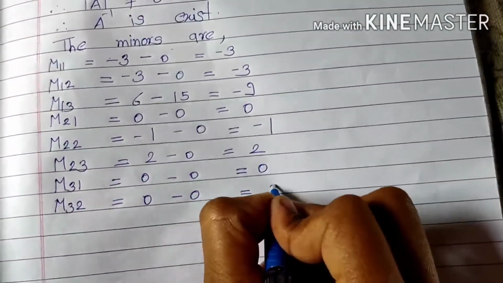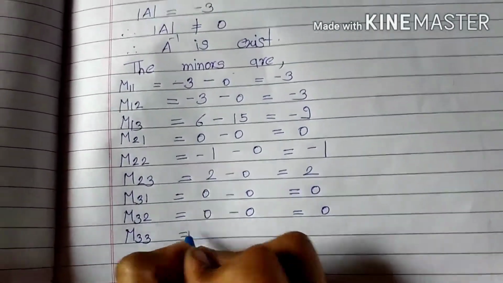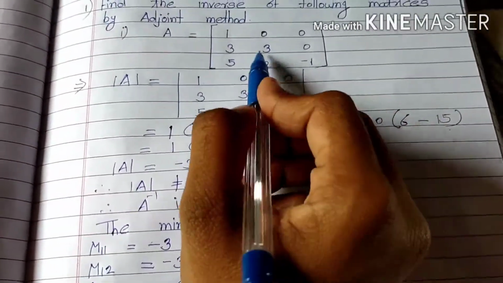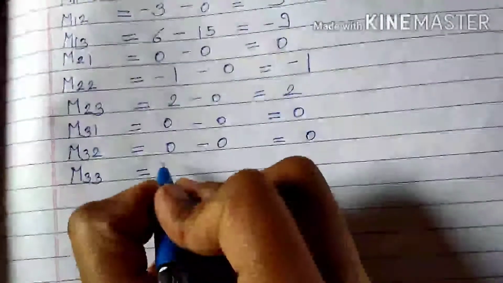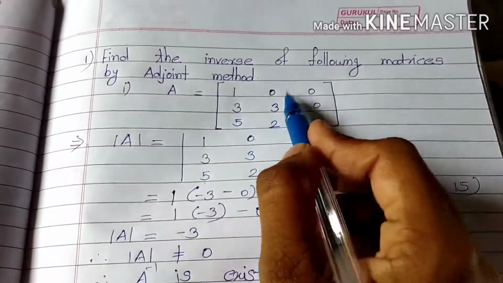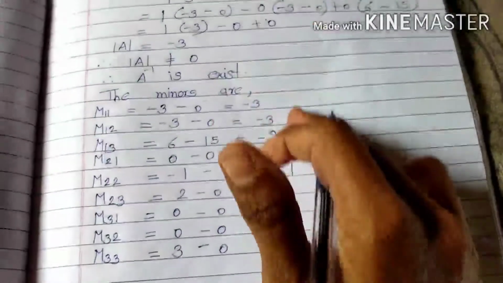So 0 minus 0 is equal to 0. Next M33, deleting the third row and third column, you get 3 into 1 3 minus 3 into 0 0. So the answer is 3. These are our minors.